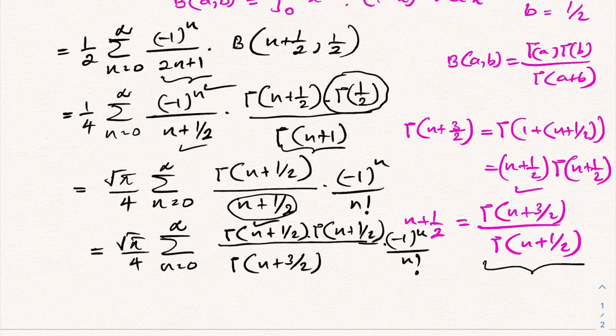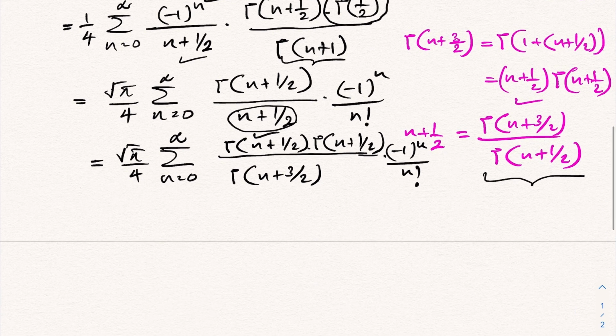Well, now I think you have a question: why did I convert this n plus 1 half as a gamma function? Because now I am going to use this identity, the hypergeometric function. In a previous video, we discussed this identity we proved. So if you would like to watch this video, I will add the link in the description and also make a card.